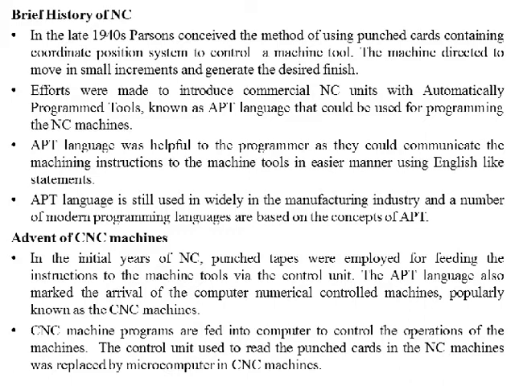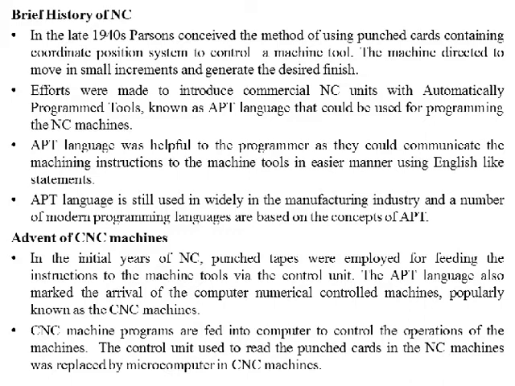APT language makes use of English-like statements, wherein the programmer can easily communicate machine instructions to the machine tools. This is one of the very widely used languages in the manufacturing industry, and a number of modern programming languages are also based on APT language.